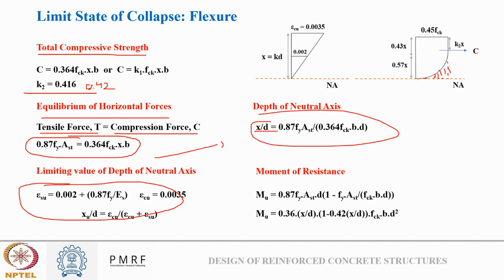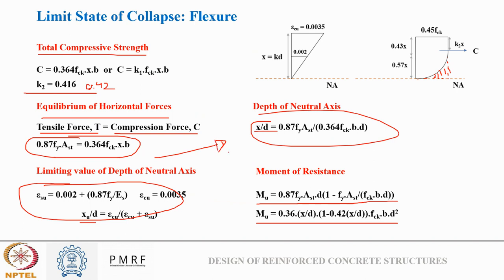Both of these we can compare if we want to know whether we have an under-reinforced or over-reinforced design. And finally, for calculating Mu, the moment of resistance, if steel yields we use the first formula, and if concrete yields we use the second formula. So these were all the relationships that we saw derived in the last live session.